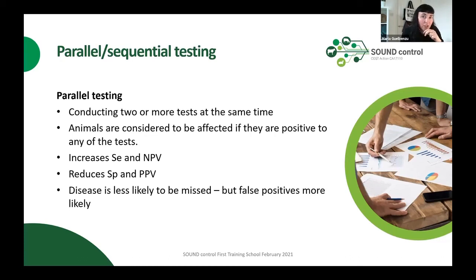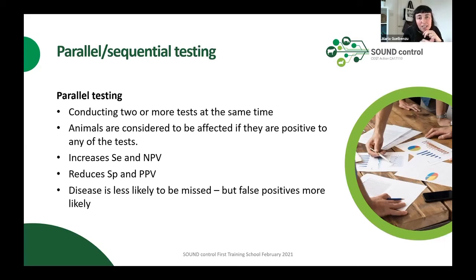So what effect does this have? Well, it increases the sensitivity and the negative predictive value, but reduces the specificity and the positive predictive value. So we're less likely to miss a disease, but the false positives are also more likely. So effectively, we're asking the animal to prove that it's healthy.